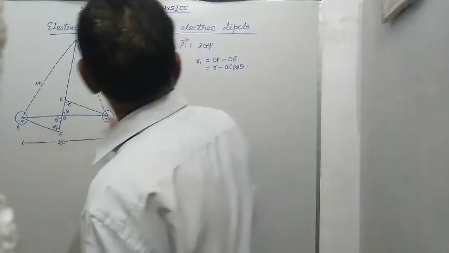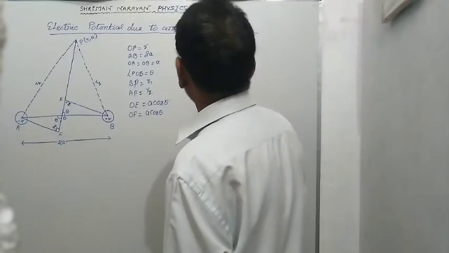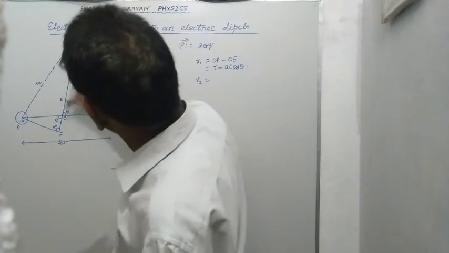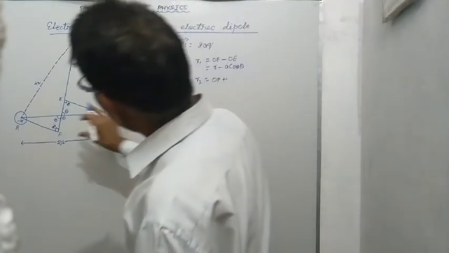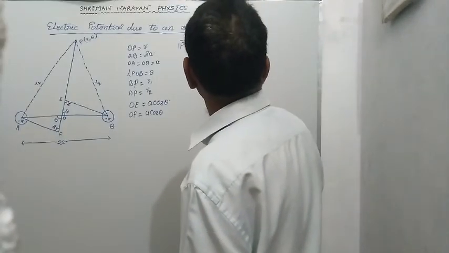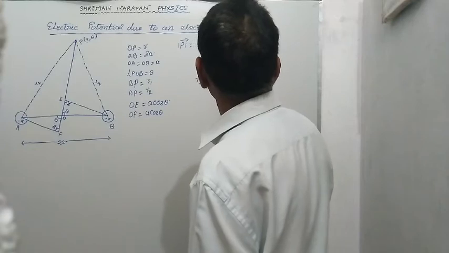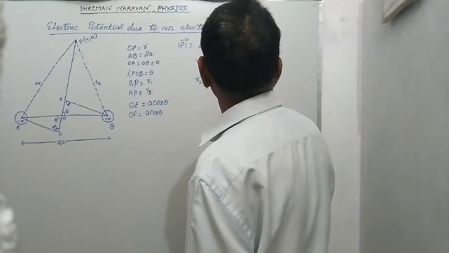Similarly, this distance R2 will be equal to this distance OP plus this distance OF, and it will be R plus a cos theta.